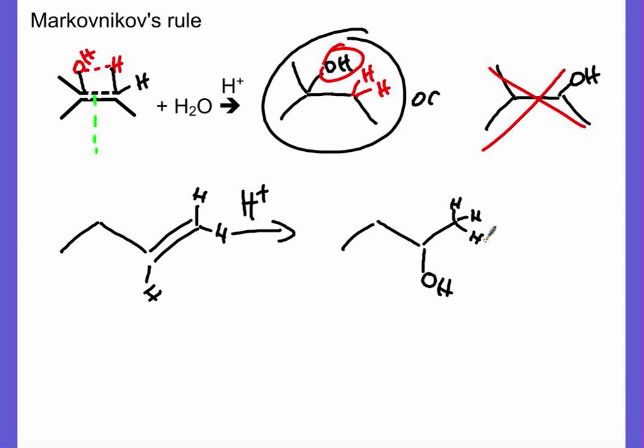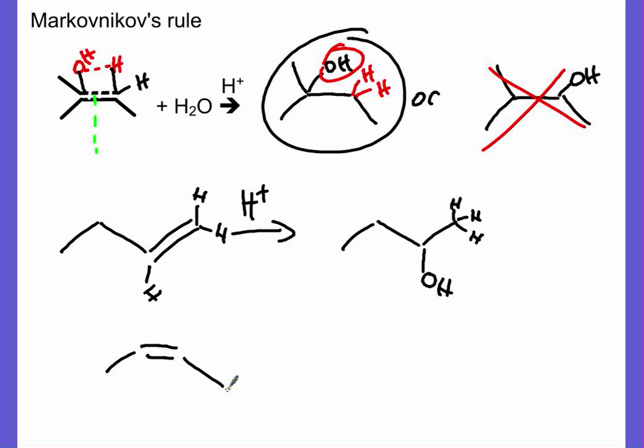Okay, notice that this only mattered if this was asymmetrical to begin with. So we have to go back to that idea before. If you had a symmetrical alkene to begin with, when you're adding to one side or the other, it doesn't make a difference.